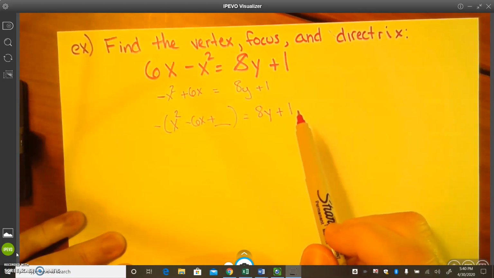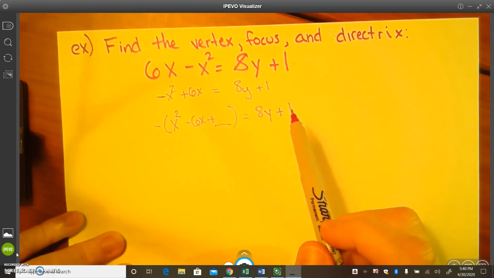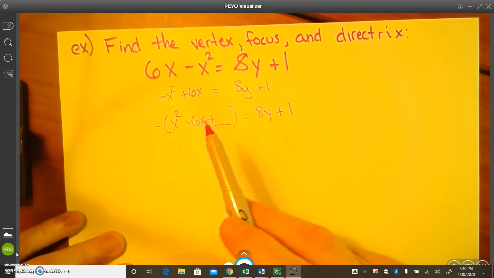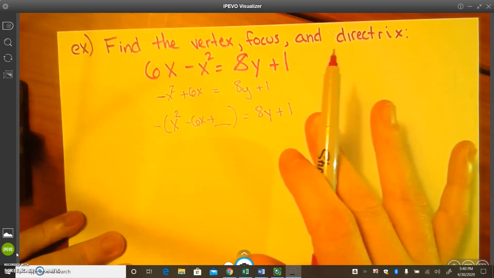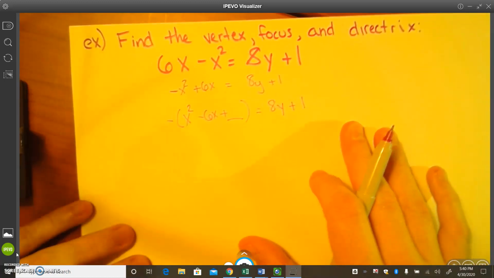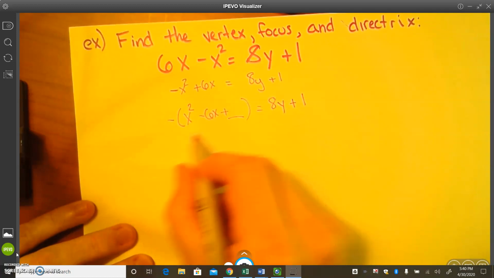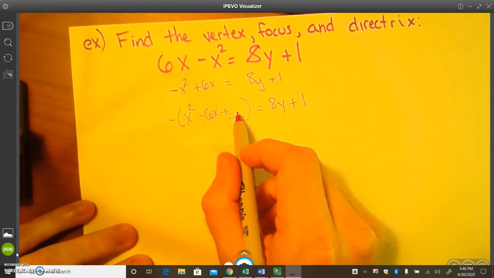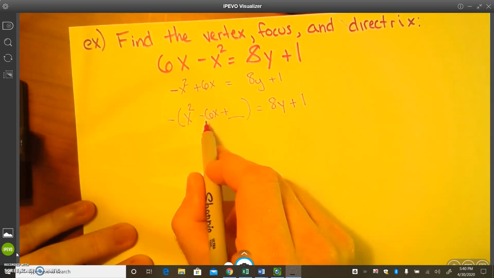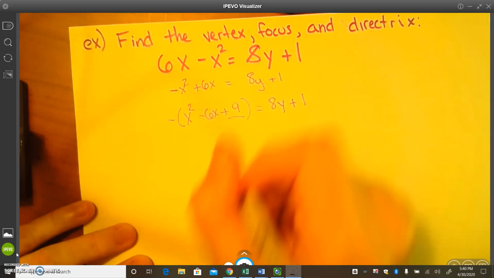Now, we don't know if it's going to open up or down, but we do know it's vertical because it's going to be an x squared equation. We have to wait until the final equation before we can see if p ends up being positive or negative. Now, completing the square, again, we're going to add half your middle term squared. So half of -6 is -3, squared gives me 9.